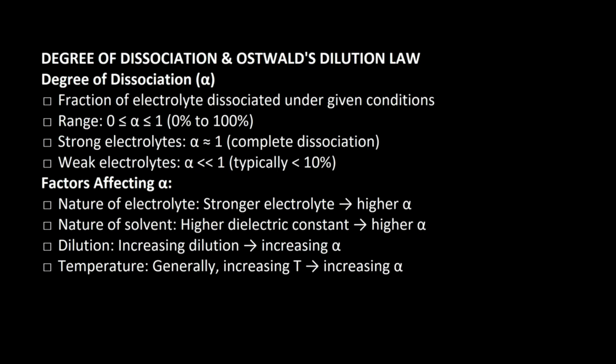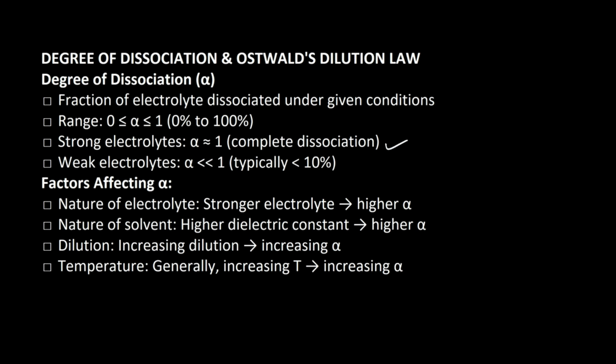So always remember, strong acid or strong base mostly acts as a strong electrolyte, even in dilute solution. Okay, some students misunderstand this dilution with weak. Don't do that. Strong means always strong. It's like an identity. And weak electrolytes will have alpha much less than 1, typically less than 10%.